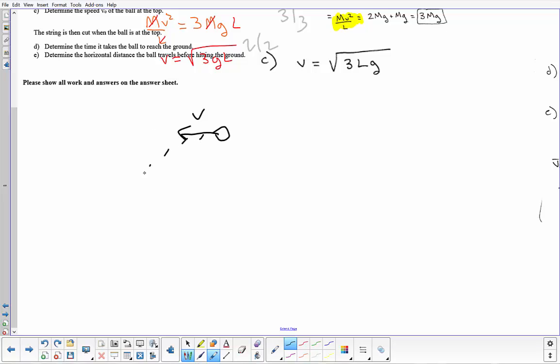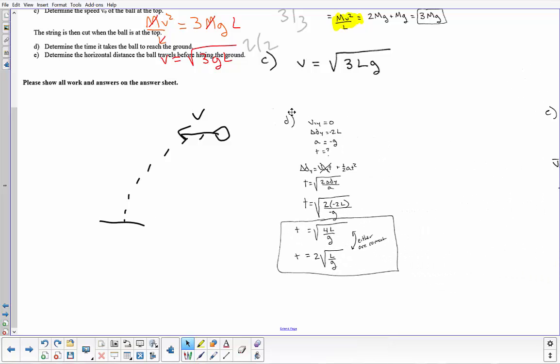We want to figure out the time it takes to hit the ground. So let's take a look at what we know. Now, in the vertical sense, the object has no initial velocity. This is only in the x dimension horizontally. In the y dimension, the initial velocity is 0.